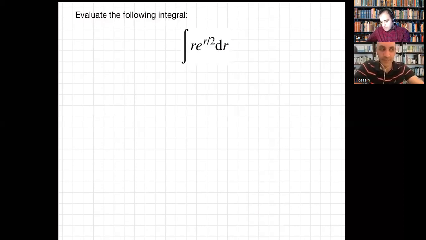If we just had e to the power of r over 2, that was very easy. But since we have two kinds of functions, one is r and the other one is e to the power of r over 2.